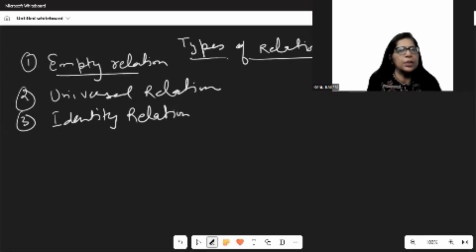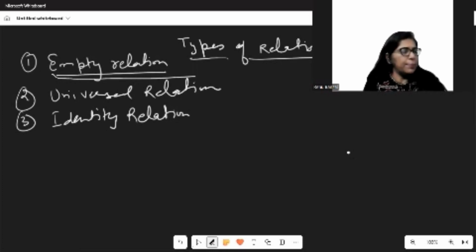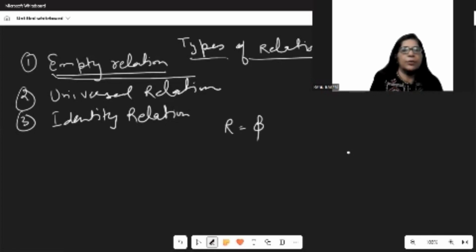Now what is an empty relation? A relation R on a set A to B is an empty relation or a void relation if R is phi. What does it mean that R is phi?